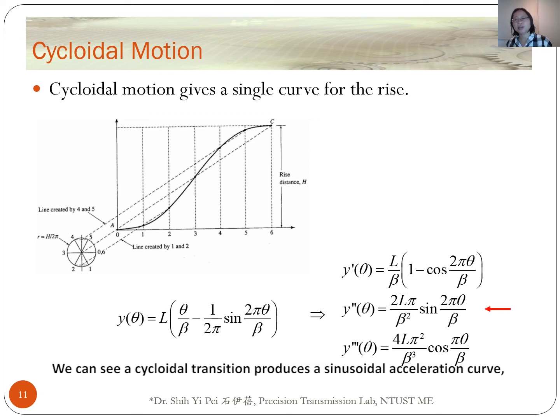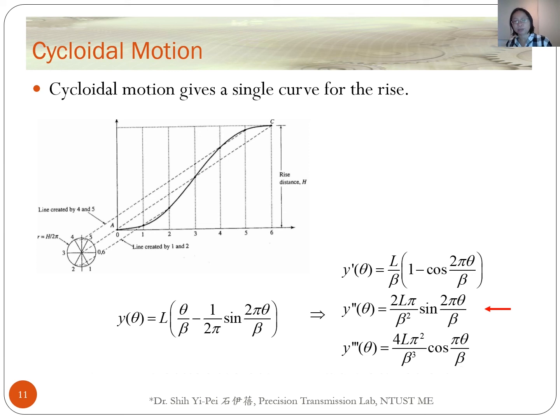We can see a cycloidal transition produces a sinusoidal acceleration curve. Therefore, the accelerations at endpoints of the curve are zero, and the jerks are finite. So, cycloidal motion has a good performance at high speeds.